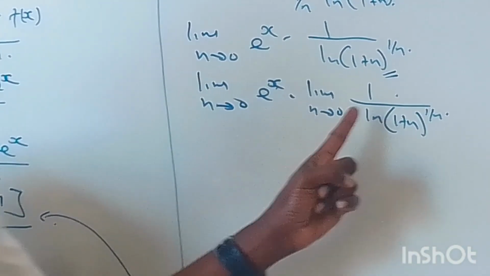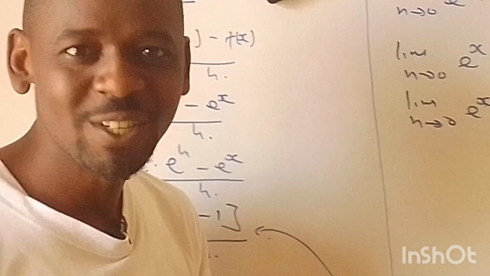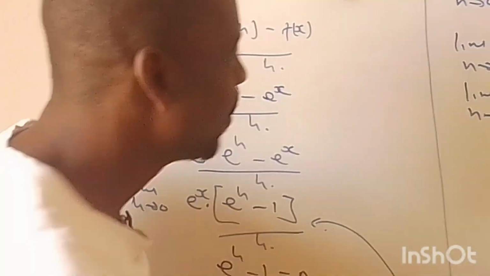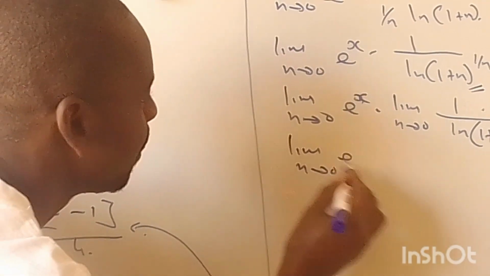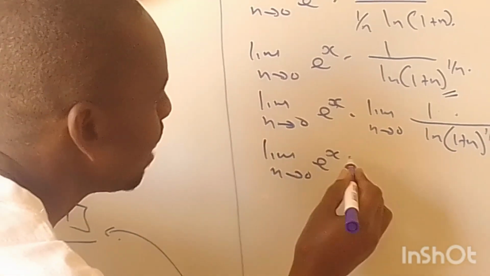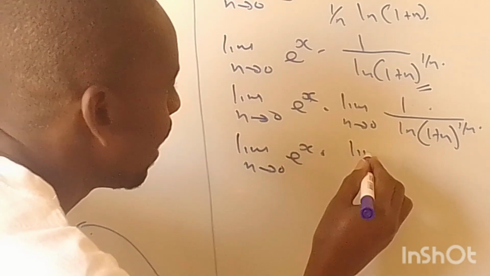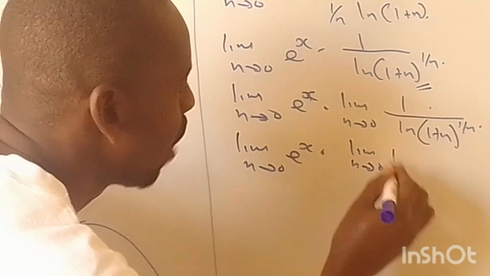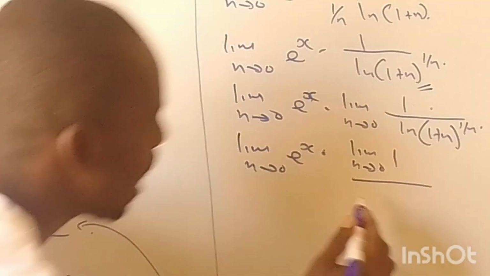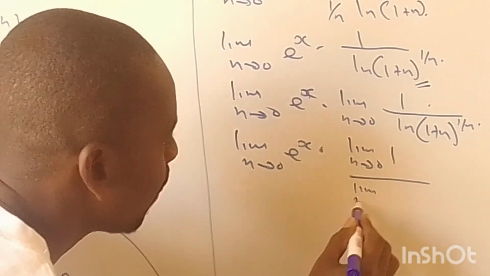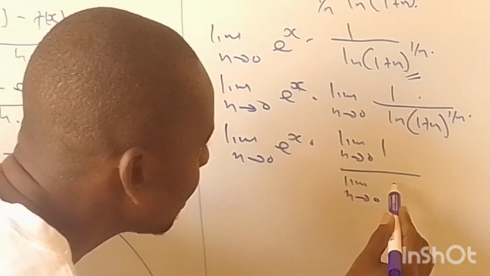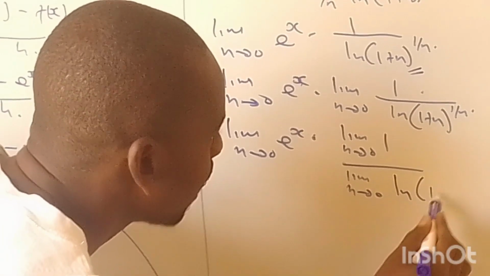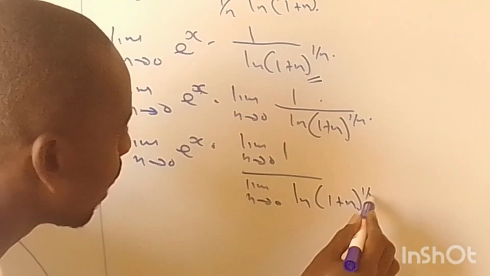Then we also know the limit of a quotient is the quotient of the limits. So the limit as n tends to 0 of e^x multiplied by the limit as n tends to 0 of 1 over the natural log of (1 + n) raised to 1 over n.